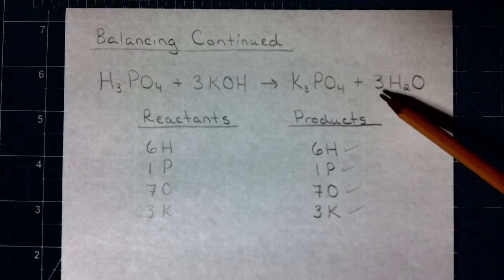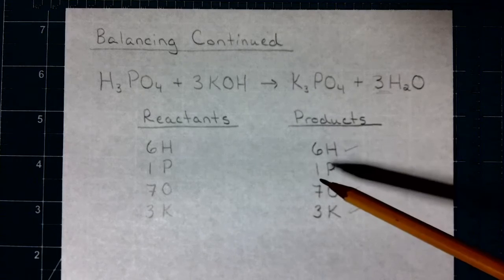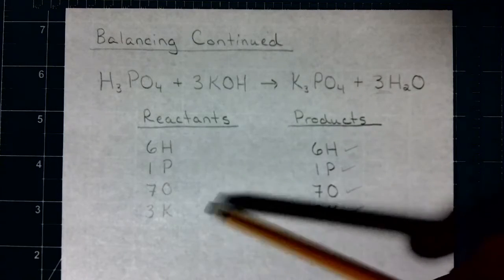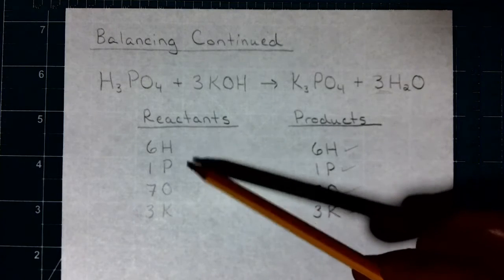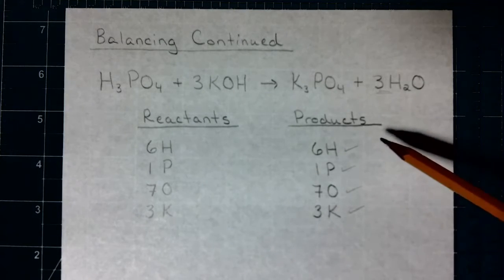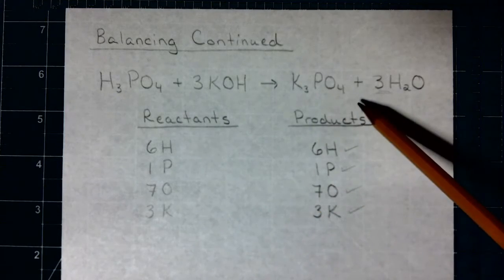So once I multiply the H2O by this 3 here, I start adding up my reactants and my products, and I see that I now do have the same number of atoms on this side as I do on this side, and this is now a balanced equation.